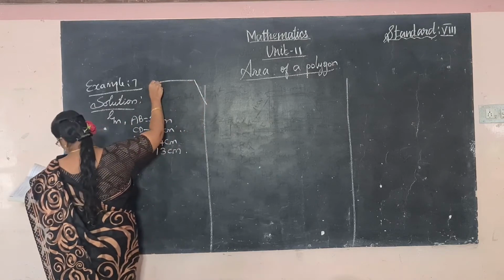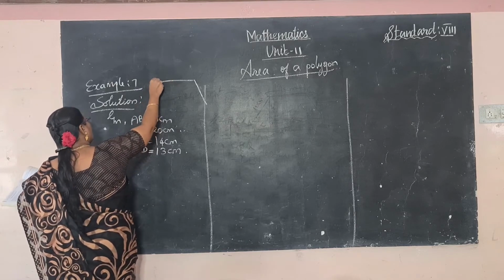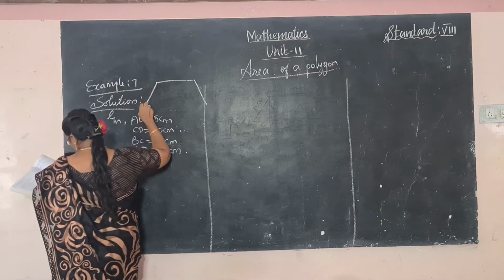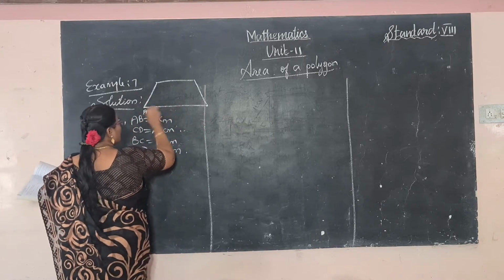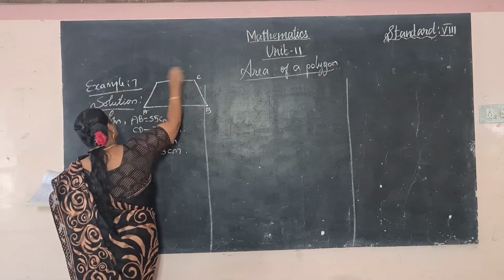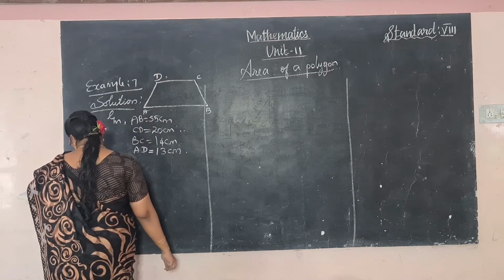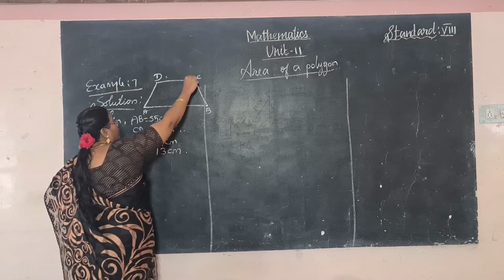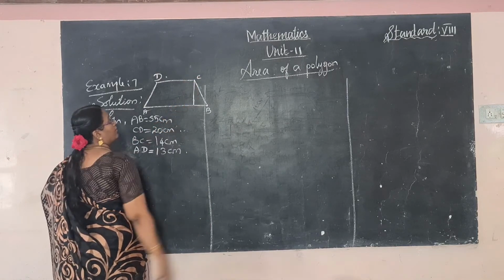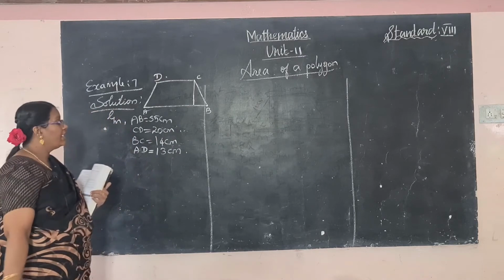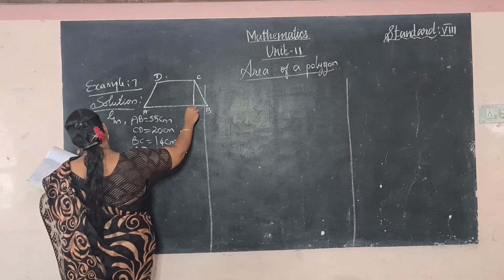Okay, so AB and CD are parallel. Okay, the first condition. After I draw one of the lines, I have drawn a line from the vertex C to AB.